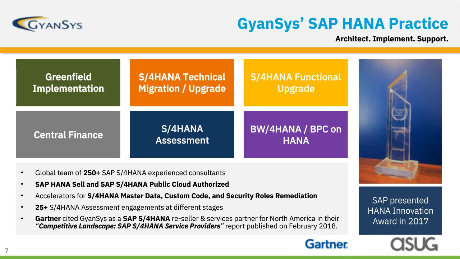Gartner has recommended us, and I definitely want to point that out, that GyanSys is recommended as an S4 HANA partner for SAP, and we were recognized by Gartner with several of our successful projects that we have under our belt, and many that are ongoing now, over 25 right now being planned and assessed and or kicked off, which is a great place to be now that the scariness of S4 is really starting to go away. There's really, again, nothing to be scared of to go to S4 HANA and go ahead and start your migration upgrade. And we're going to give you some tips and tricks on that in the next few slides.